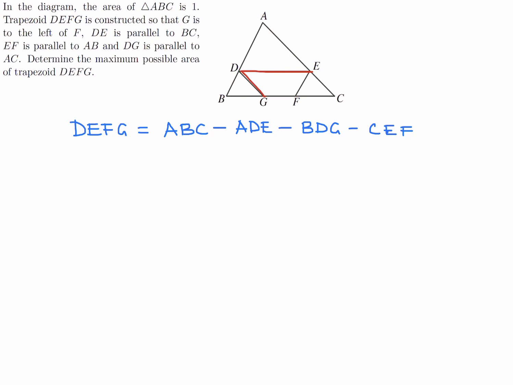To get that, I have to take the full area, which is ABC, and subtract from that first this triangle ADE, then this small triangle BDG, and then this small triangle CEF. If I can do that, I will get the area of the trapezoid DEFG. And then I have to maximize that area. So this is the setup of this question.